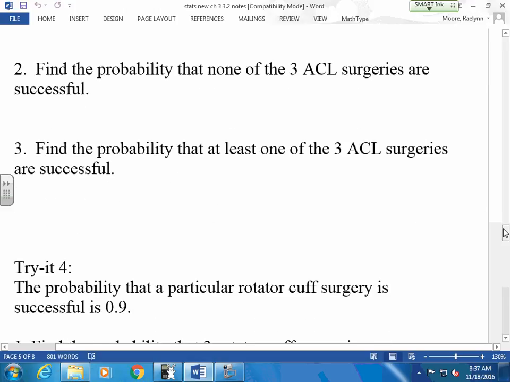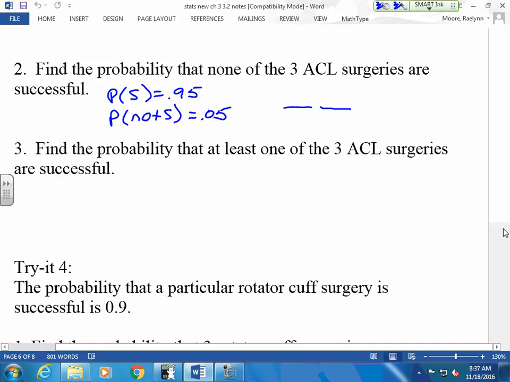Find the probability that none of these surgeries is successful. So here's your problem of a case. If the probability of success is 0.95, the probability that it's not successful is 1 minus this, 0.05. It's not 0.5, it's 0.05. There's a 5% chance that when I do the surgery, it's not going to be successful. Find that none of the 3 surgeries are successful: not successful, not successful, not successful.